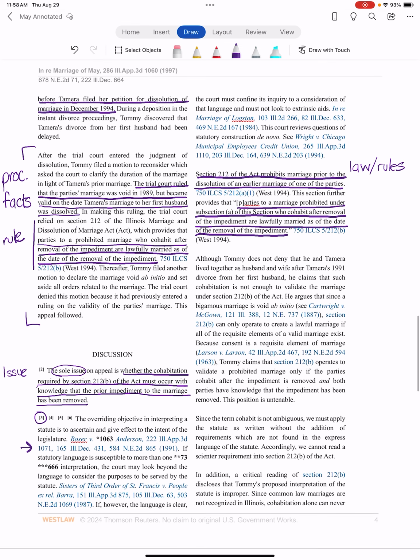All right, so right here is the defendant's position. So I'm going to just use a delta for defendant.